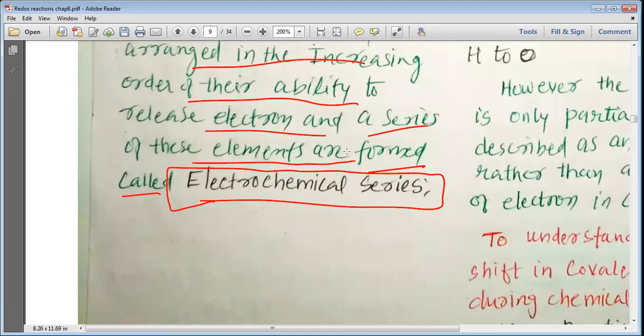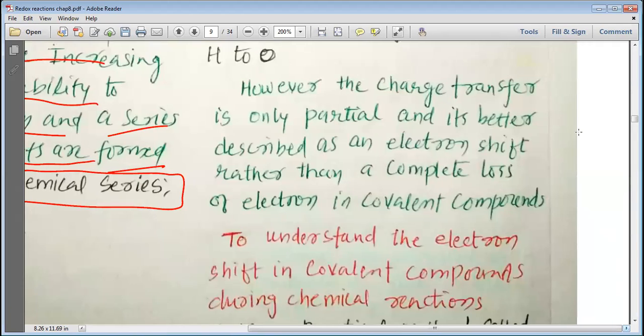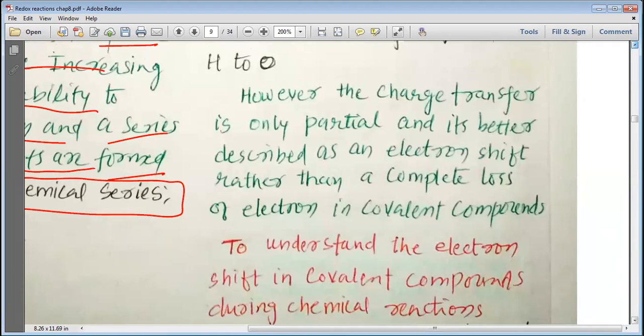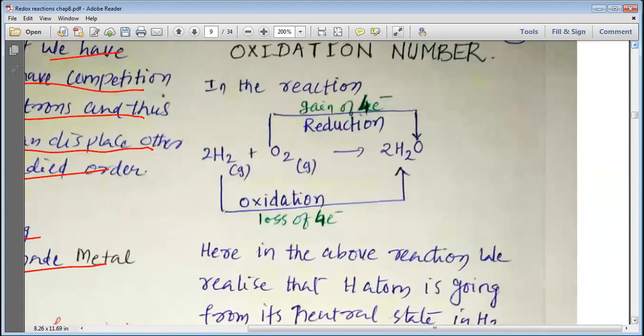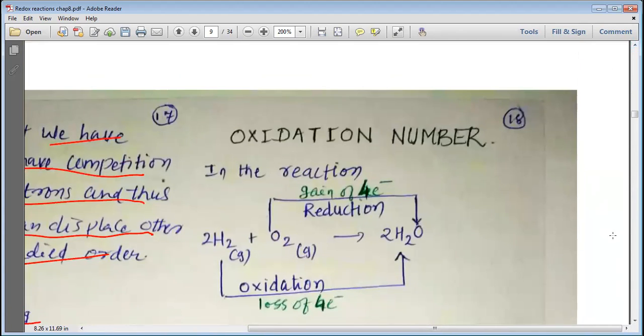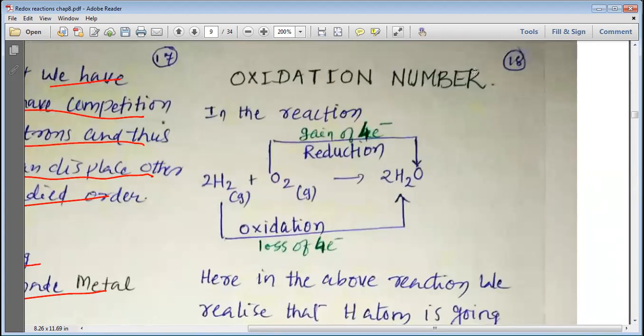So on the basis of the ability of various elements to release electrons, whether they are metals or non-metals, they are arranged in the increasing or decreasing order of their ability to release electrons, and thus a series of elements is produced, and this series of elements is known as the electrochemical series. So this is how we may study the electrochemical series.